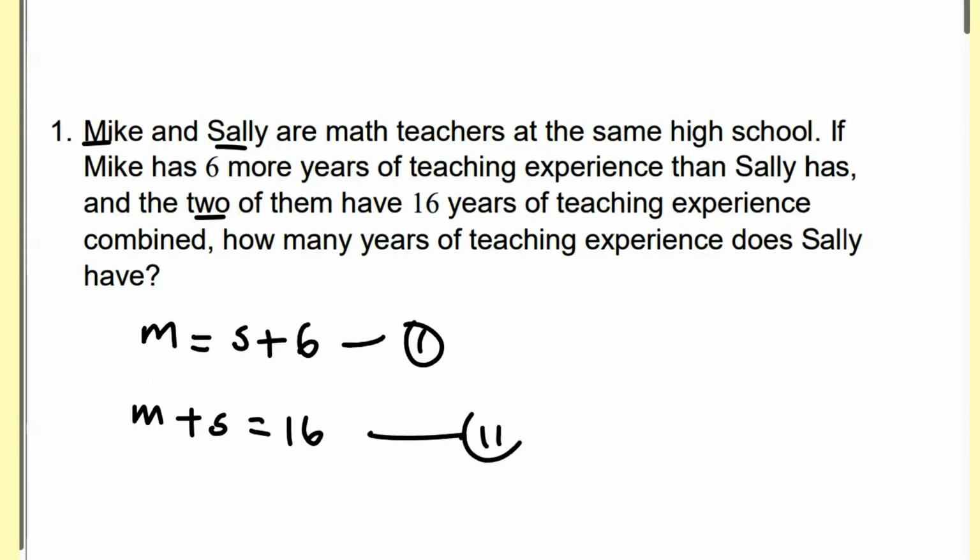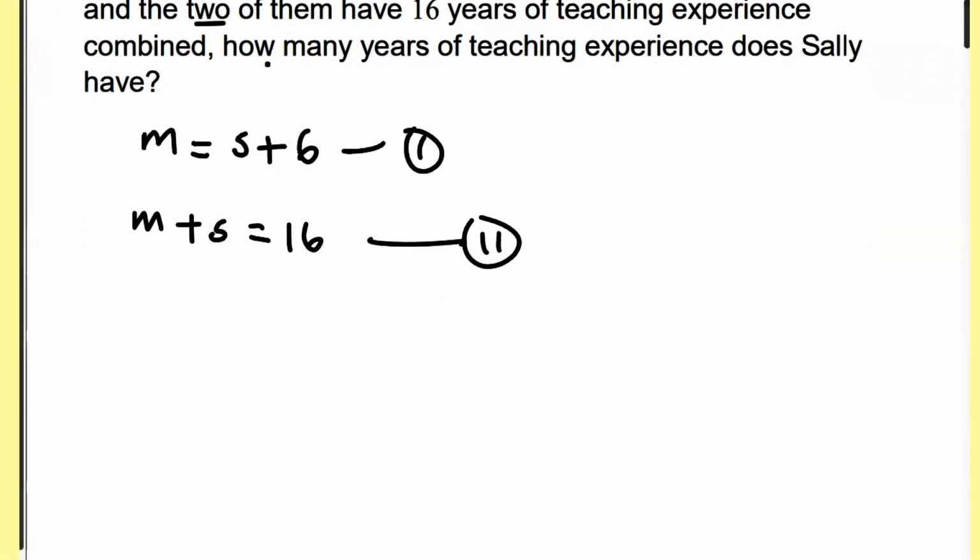This is our equation two. Because the question asks how many years, this is our bottom point. How many years of teaching experience does Sally have is what we're looking for.